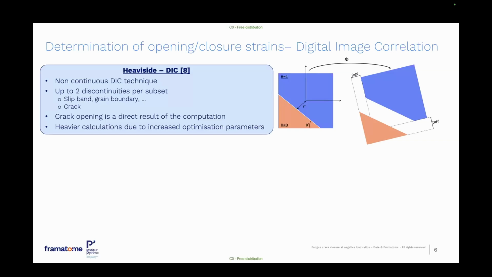And the main interest is that by using this technique, we can handle discontinuities within the studied area. So these discontinuities can be a slip band, a grain boundary, twin boundary, and so on, but also a crack. This will be the case in our study.